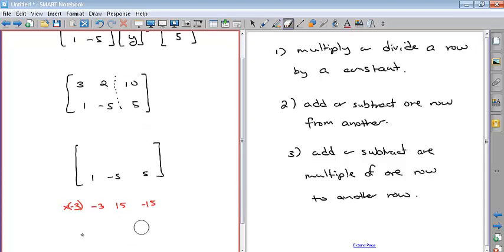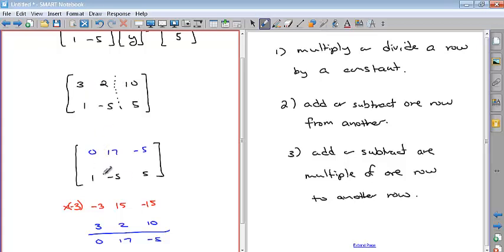So I take a multiple of one row and I add it to the other row, which is my first row. So I add these coefficients in the row and I get 0, 17, -5. So what I can do is substitute this new row with the original row.